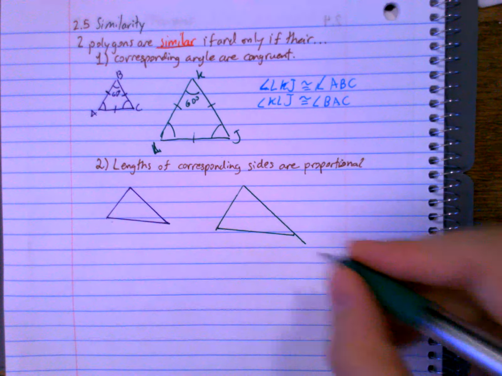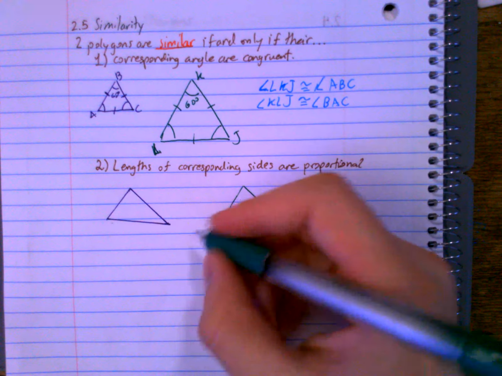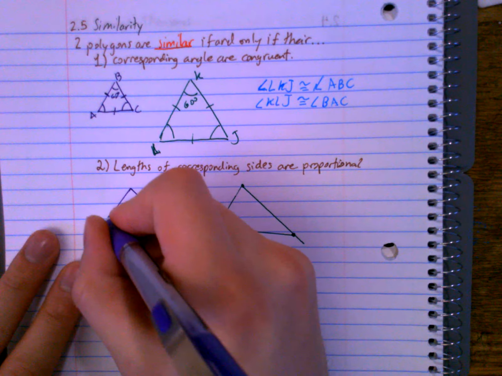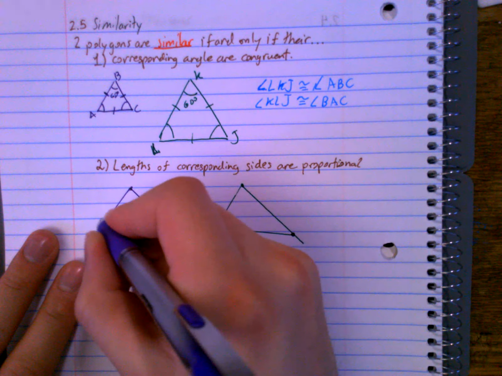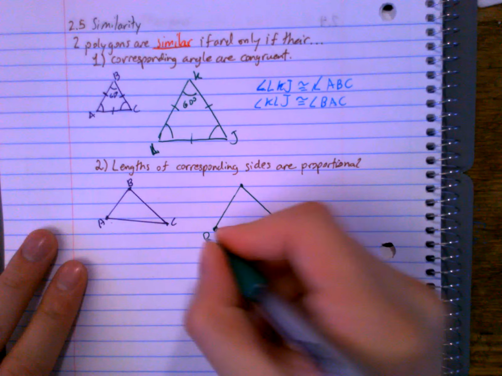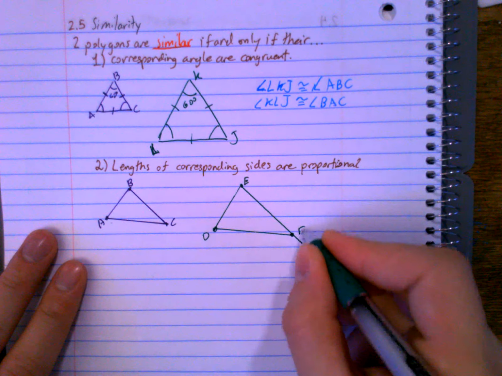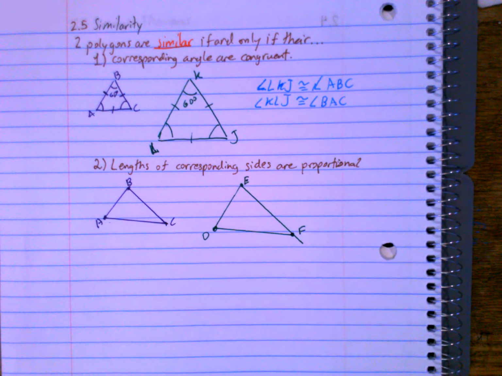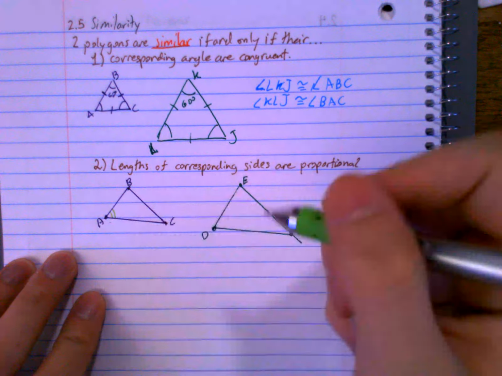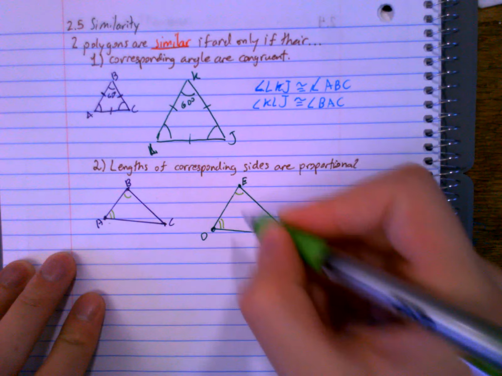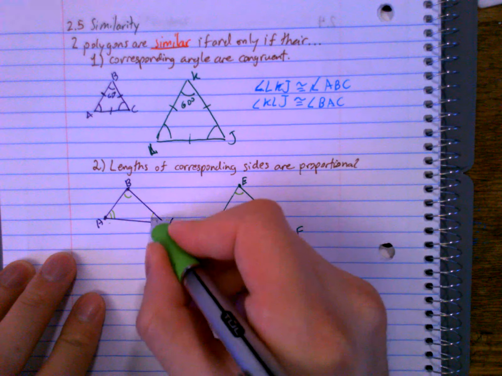But now, let's say I have these triangles, right? We've got A, B, and C, and I have D, E, and F, right? So, and of course, I'm going to state that, I'll use light green for this. This angle is congruent to this angle is congruent to this angle, and this angle is congruent to this angle.